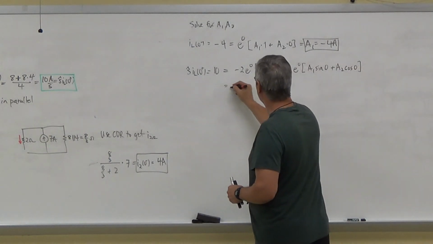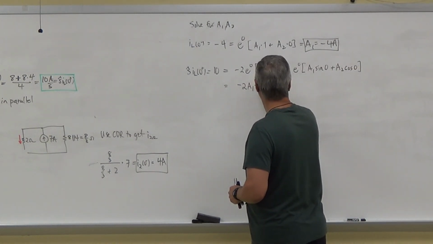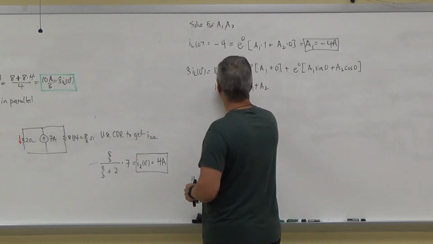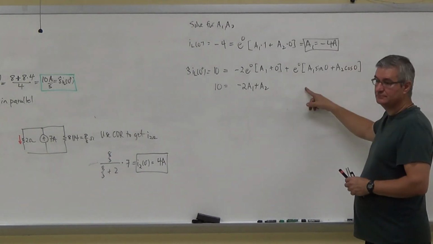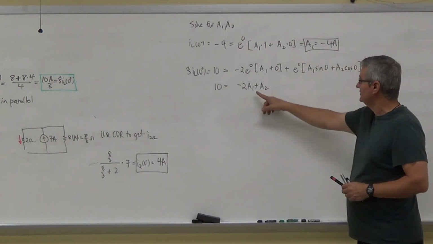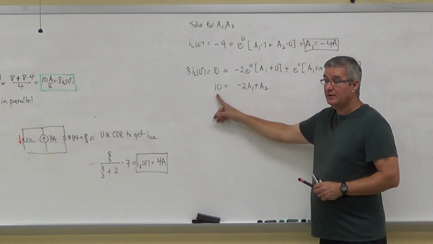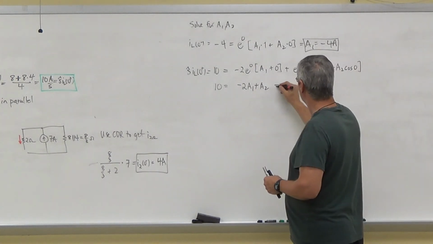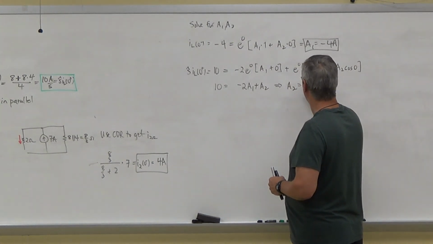So then this gives me minus 2a1 plus a2 is equal to 10. But I know what a1 is. a1 is negative 4, so this becomes positive 8. 8 to the other side gives me 2. That implies here that a2 has to give me 2.